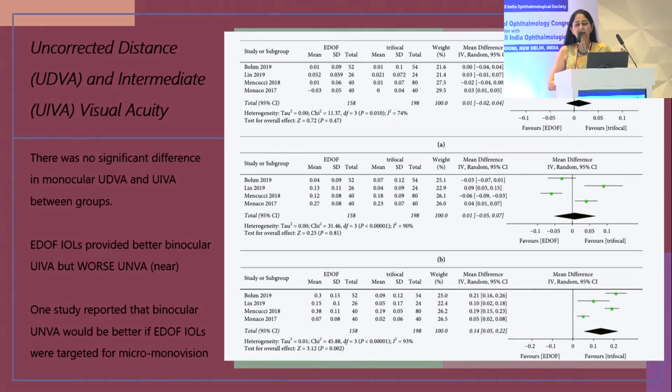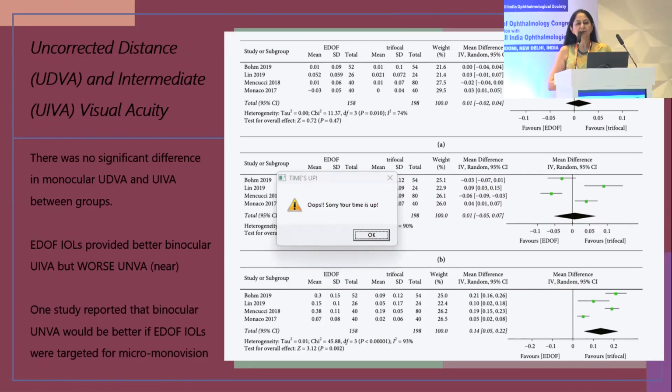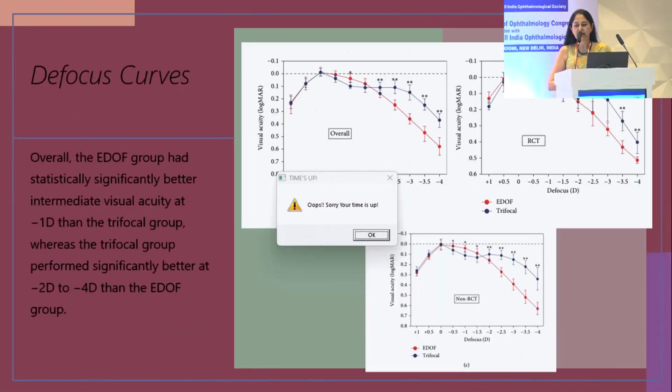And also the uncorrected distance visual acuity and the intermediate visual acuity in these lenses, there is no significant difference between the monocular groups in these cases. EDOFs can provide better binocular uncorrected intermediate, but worse near vision. So trifocals have an edge over this in these patients.